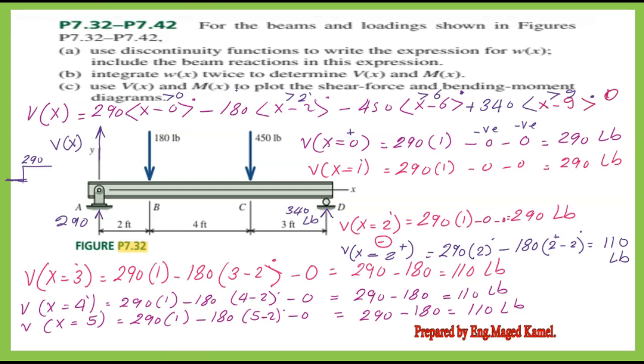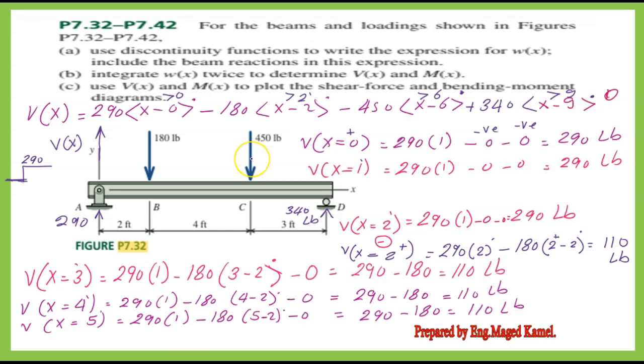For x minus 6 raised to the power of 0, if x is less than 6, it will be considered 0, while if x is bigger than 6, the term will be positive. For x minus 9 raised to the power of 0, if x is less than 9, the term will be considered 0, while if x is bigger than 9, the term will be considered positive.